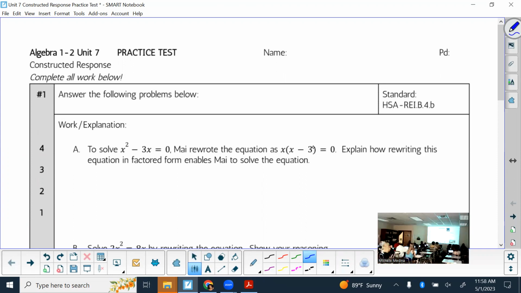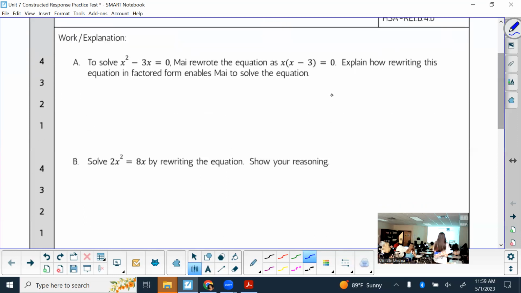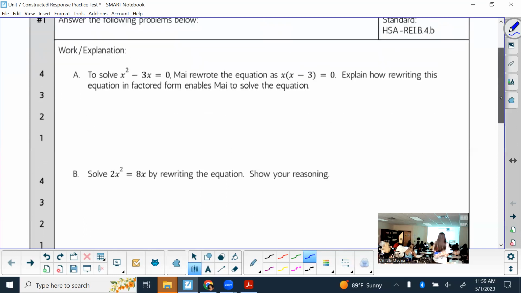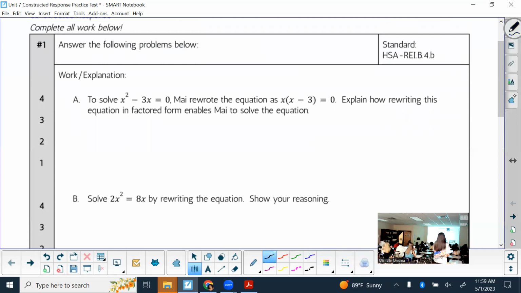Okay, good. So how does writing it in factored form let us solve for the x's? What are my x's going to be? Zero. Oh. I know why.